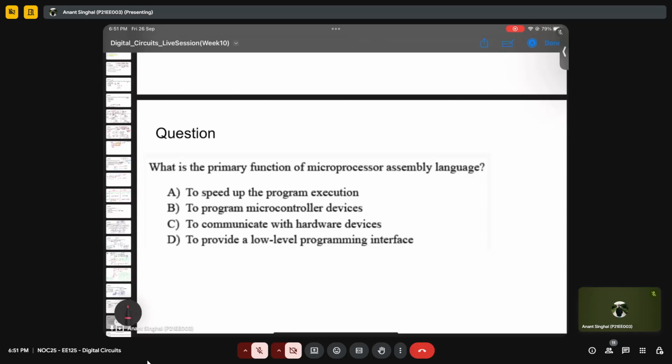Okay, so there is no way that anything can communicate directly with hardware devices. I told you that the assembler converts a human readable language into a language which is readable to hardware. So the primary function of assembly language is to provide a low level programming interface. We can write something in a very easy way and the machine is able to understand it.